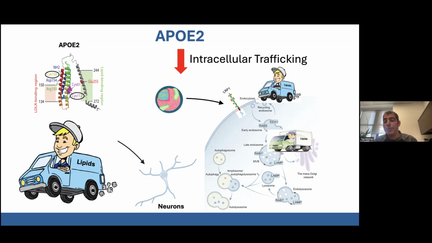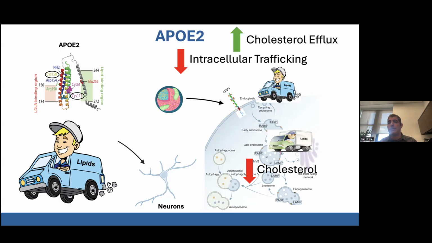But in the case of Alzheimer's disease, this ends up being okay, partly because it ends up not delivering something that is a little bit toxic, which is this cholesterol. Also, ApoE2 has a better ability for something called cholesterol efflux because it's hanging out there. When there are available lipoproteins, cholesterol can offload onto it. So ApoE2 also helps clear cholesterol from neurons and other cells.